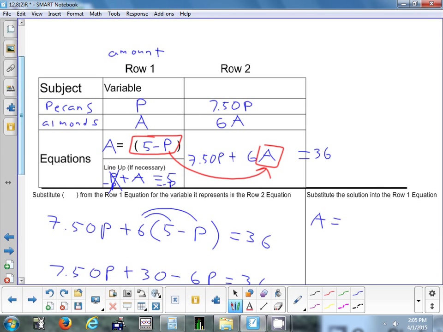What's my formula to find how many almonds I have? Justin? It says almonds equals what? 5 minus P. What was P?